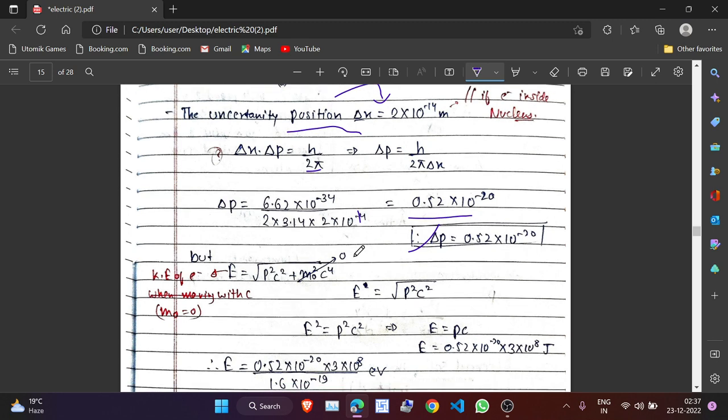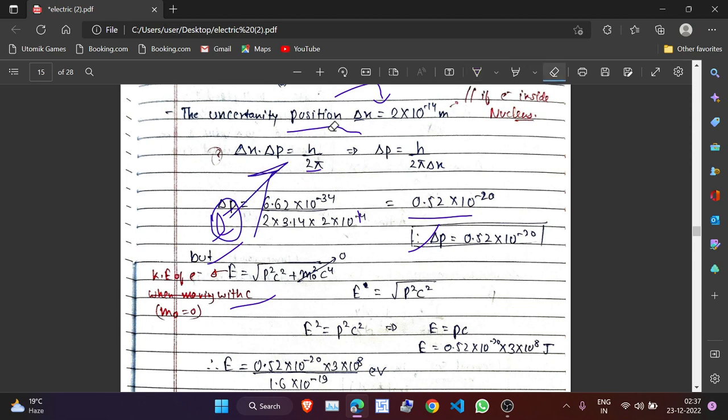Now this is again the equation of energy, the kinetic energy of an electron moving with a velocity of light speed.